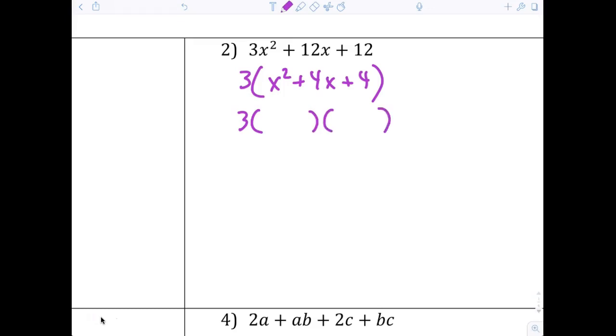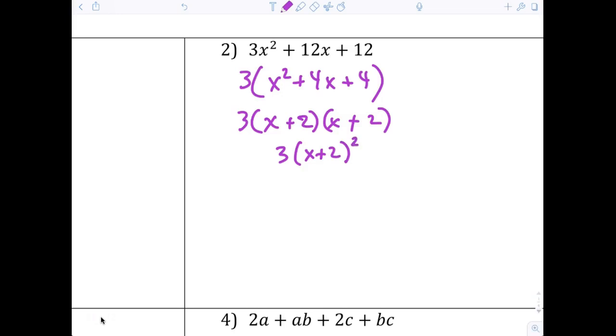Again, 2 sets of parentheses. x times x, and then 2 and 2. So now we're ending up with 3 times the parentheses x plus 2 squared.